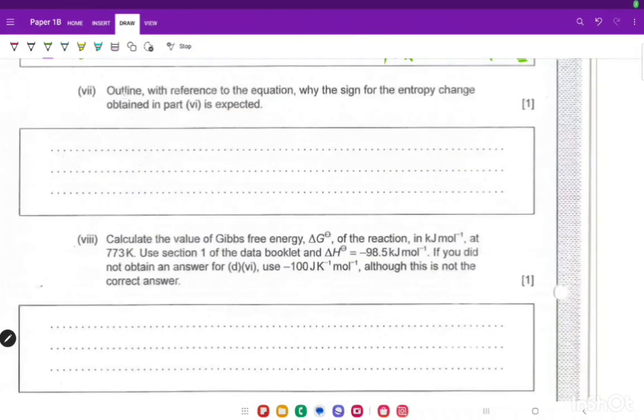Next, part 7 is outline, with reference to the equation, why the sign for the entropy change obtained in part 6 is expected. We obtained a negative sign in part 6.